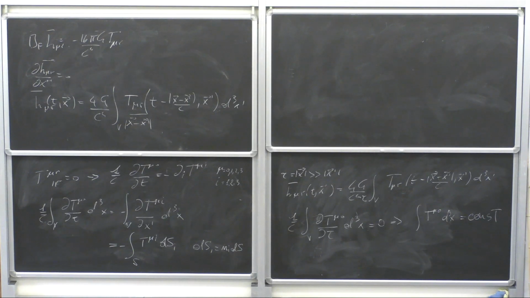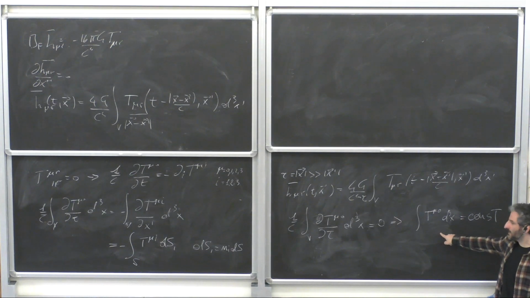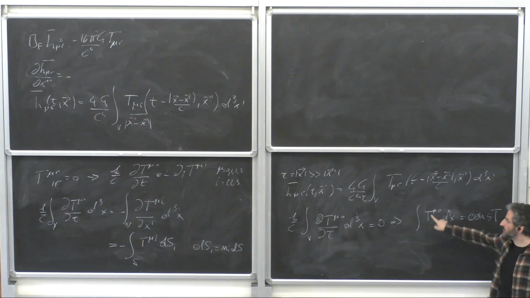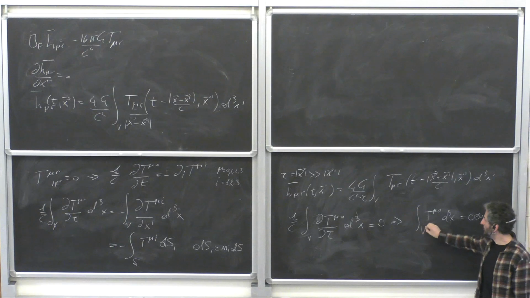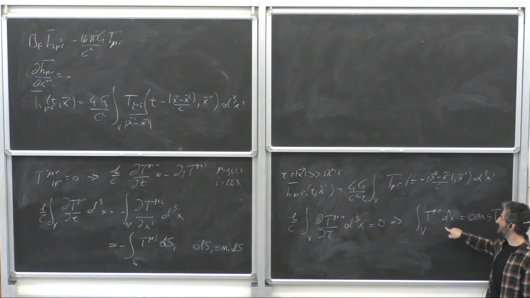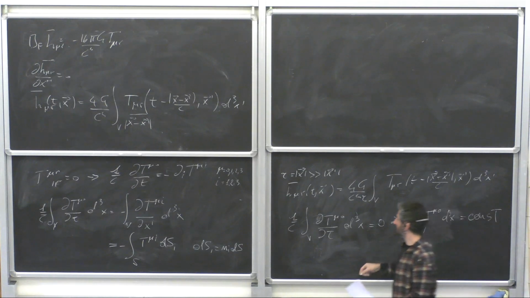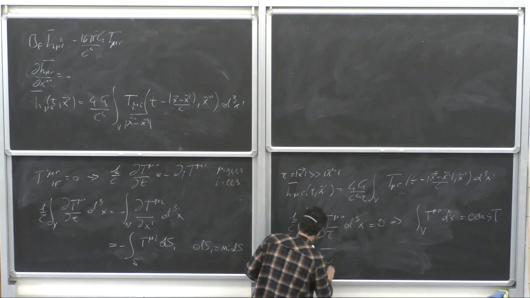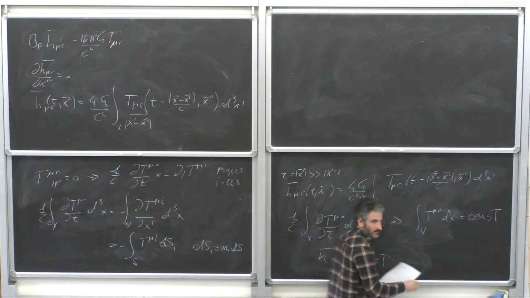Now, we've just redone something that we've probably seen already in special relativity, but you can immediately see a connection with what we wrote here, because the integral over V of T mu 0 in d^3x is constant, which is exactly what we have here. So this tells us immediately that H bar mu 0 is equal to constant.